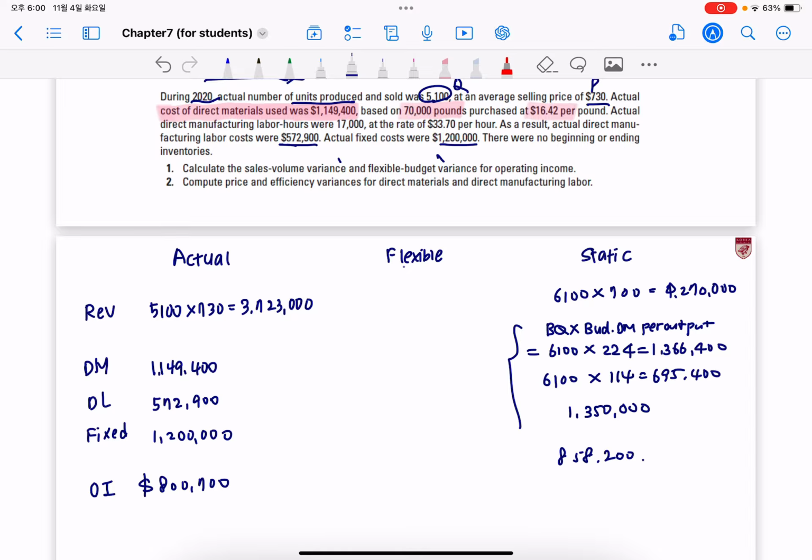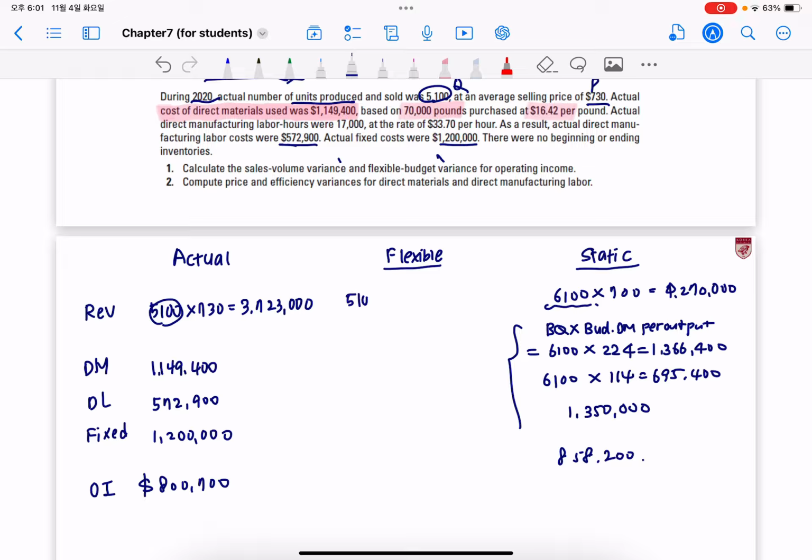All right, for the flexible budget, remember that the difference between the static budget and the flexible budget is that we're going to flex Q as the actual Q. Okay, so the only difference is that we're going to replace 6,100 with 5,100, which is our actual output.